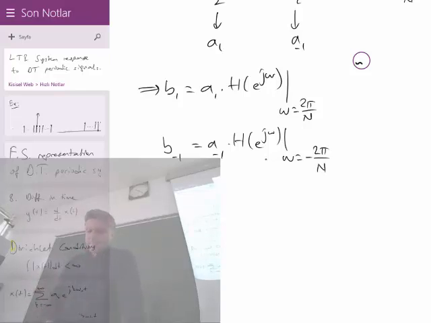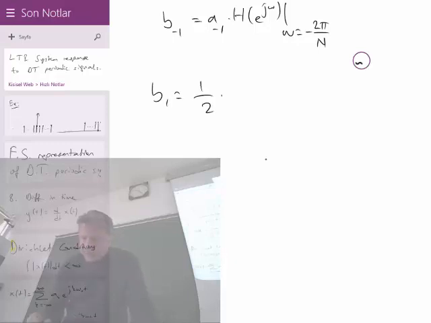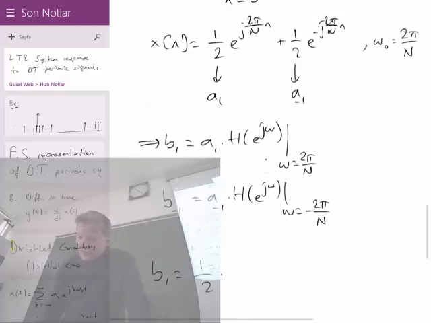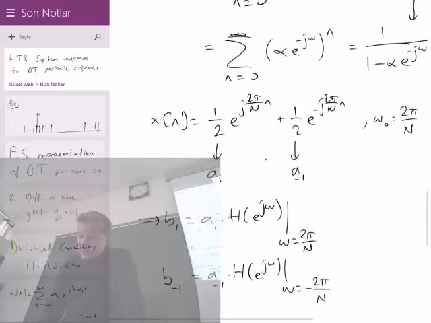So these are B1 and B minus 1. And what are they? Let's see. B1 is equal to 1 over 2 times, what was the formula? 1 over 1 minus alpha e to the minus j omega.